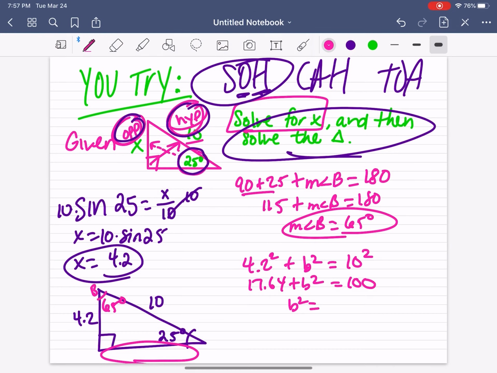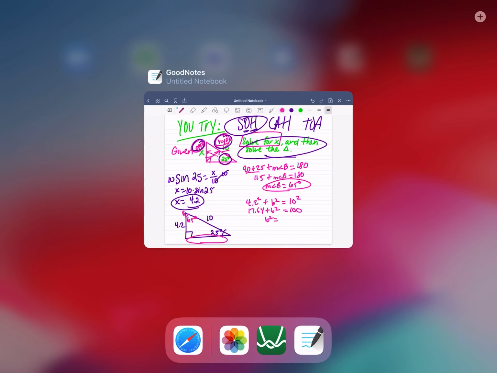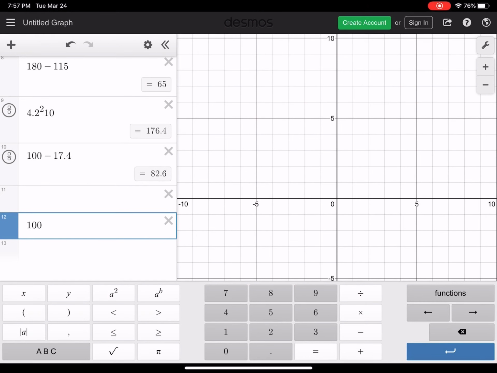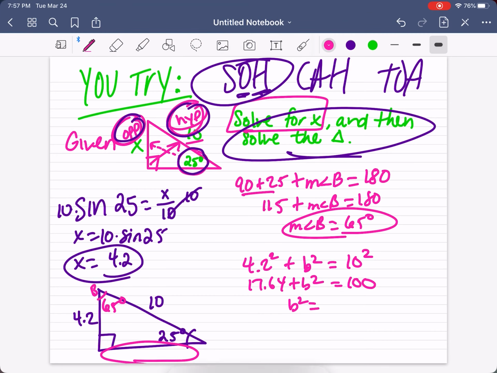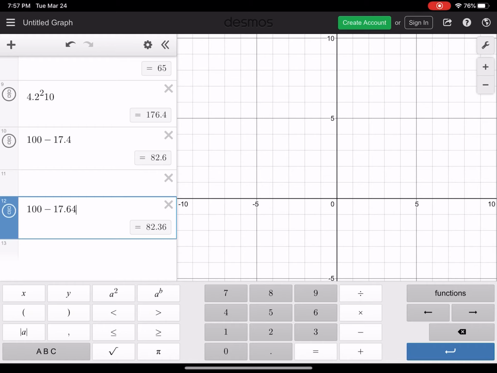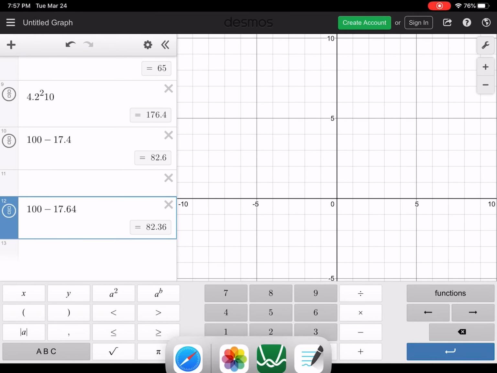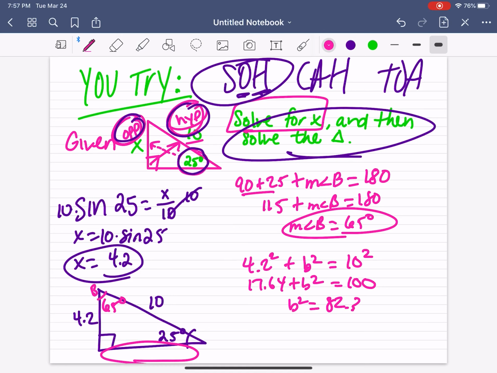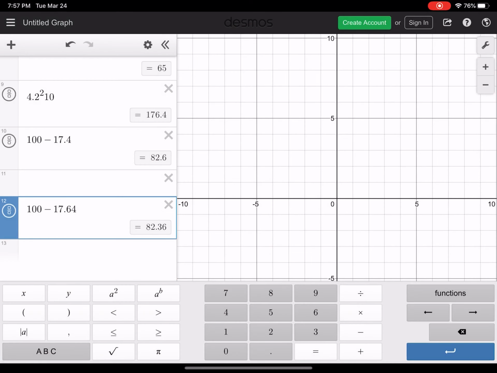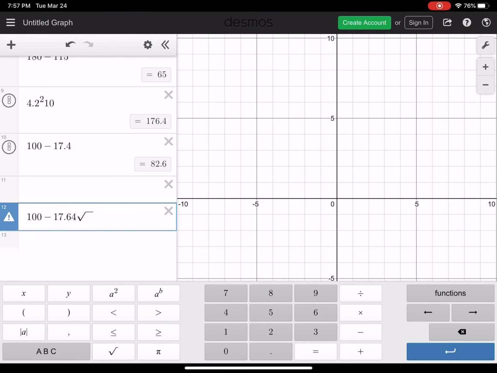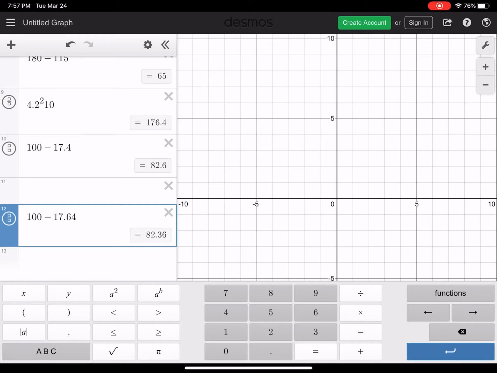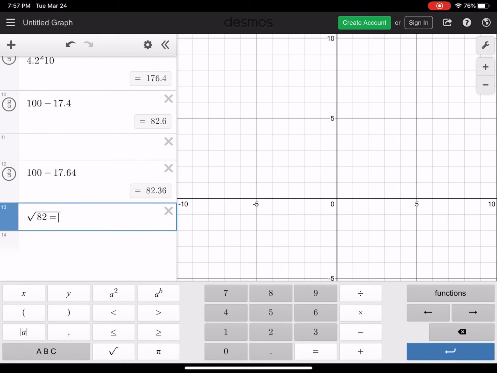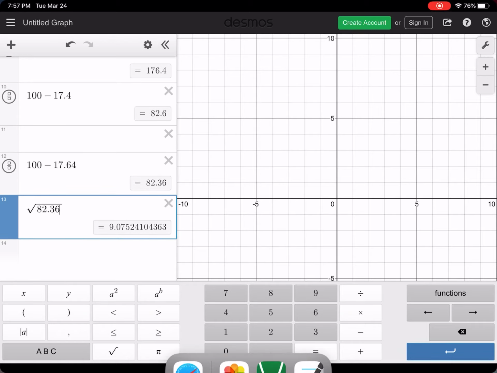I didn't do that right. So it's 82.36. Last step, take the square root. So the square root of 82.36 is 9.08.